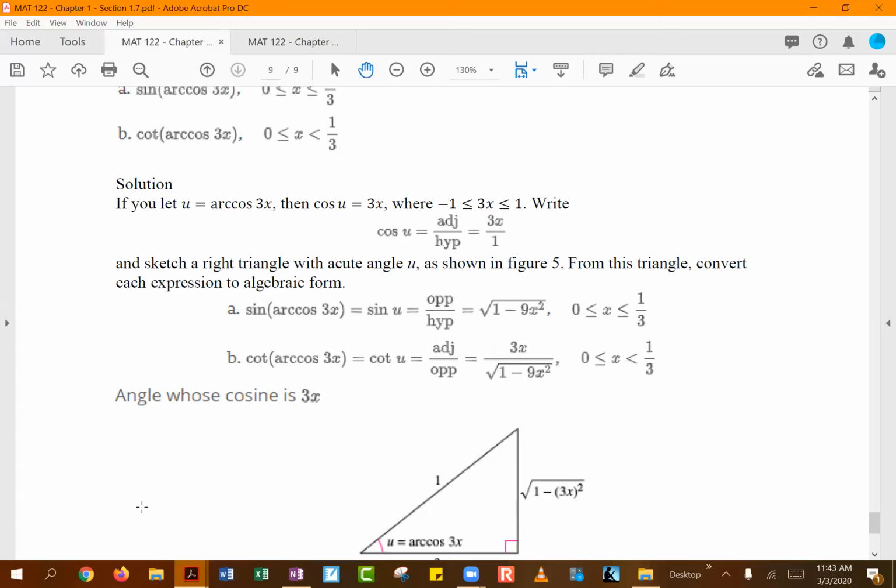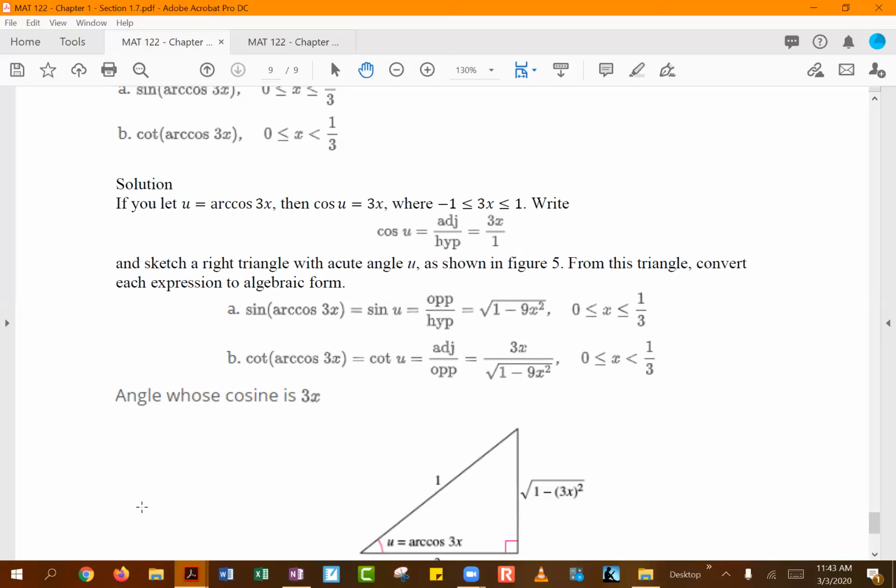So that's where they're getting this value from. When they say arc cosine of 3x, that means the domain of 3x has to stay between -1 and 1. Remember, that becomes the range of the cosine function, or the domain of the arc cosine function. We know cosine can be written as adjacent over hypotenuse, so you can just write that 3x as 3x over 1.